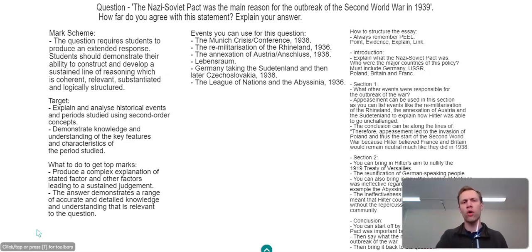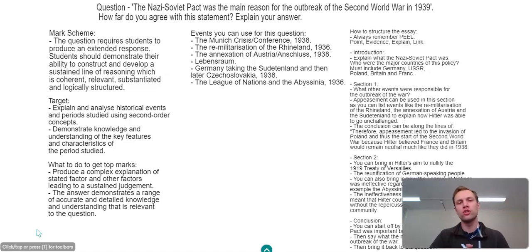You can use the policy of Lebensraum, which was all about Hitler trying to unify German-speaking peoples, and also means to get more living room. That's what it means, really. As long as you remember Lebensraum means living room or more living room, again, you'll be fine.